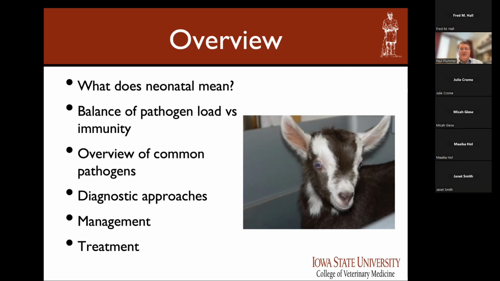We're going to cover some of the common pathogens. I am not going to dive deep on those. When we get there, I will provide some pathogen-specific input, but I also believe that while diagnostics are important, and we'll talk about diagnostics, in many cases the management changes that we need to make to address some of these issues are the same regardless of the pathogen.